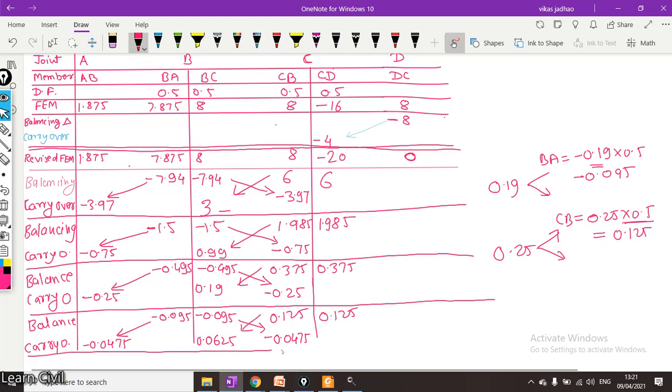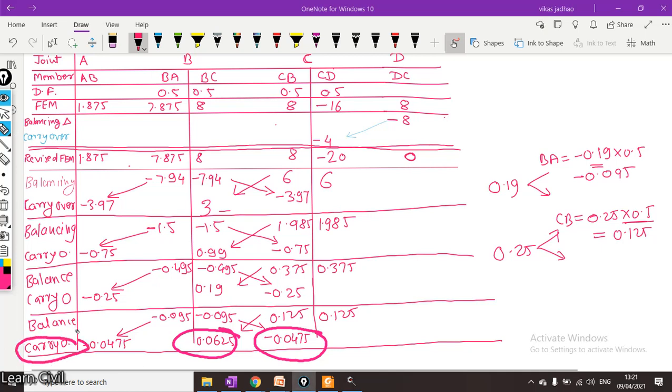Now you can see we are having these unbalanced moments as negligible. But the step is carryover, we are in a step of carryovering, therefore we cannot complete the problem or end the problem here.